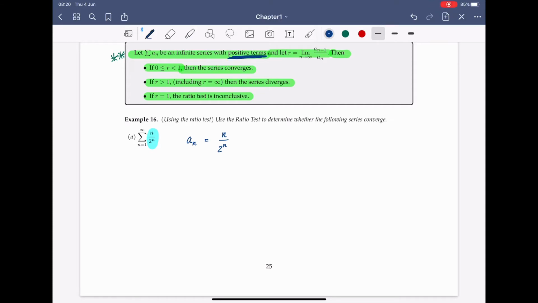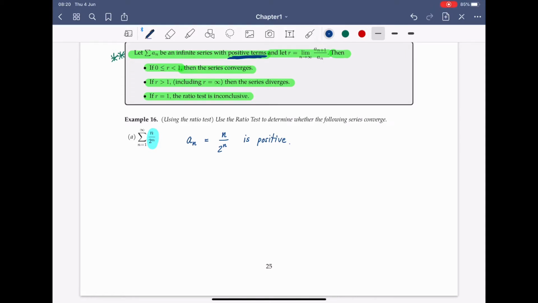So just mention a little bit that you already picked a_n and a_n is positive. Now you are ready to use the ratio test. We know that a_n is positive because n is always positive and 2 to the n is always positive when n is a positive integer.